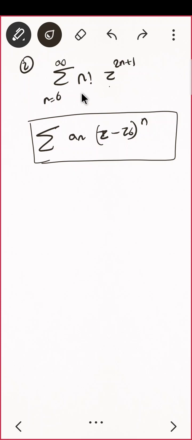Finding its radius of convergence will also work, because this is a subsequence of that. That means I just want to compare this whole thing with summation n equal to 0 to infinity n factorial z raised to n. I just want to see the similarity between this and this.